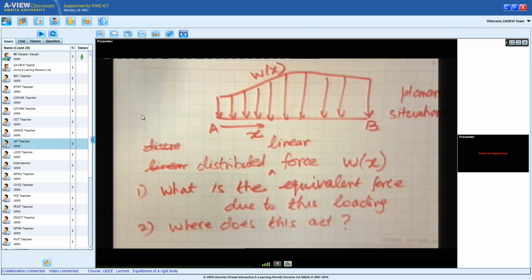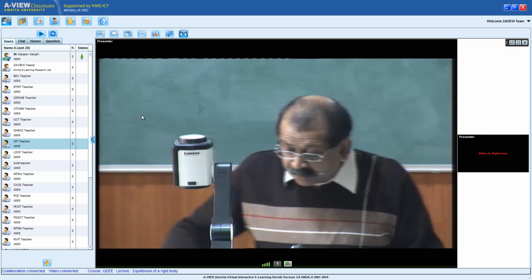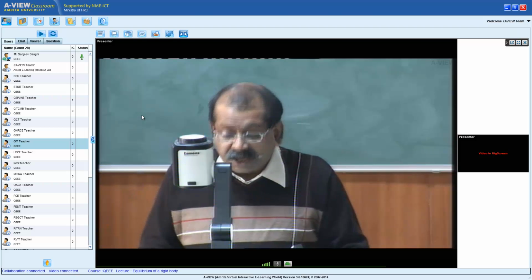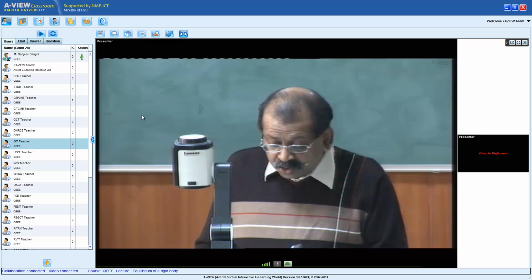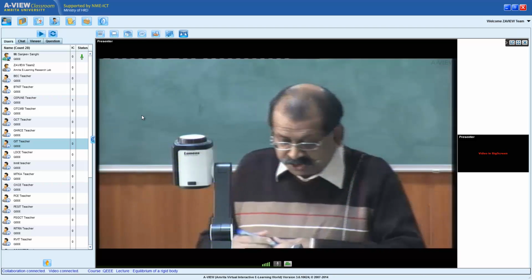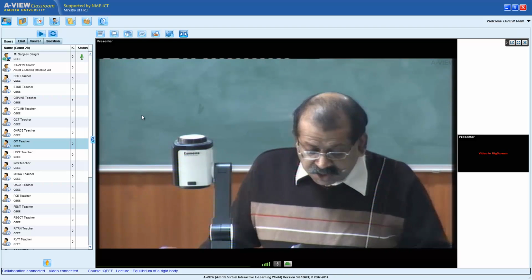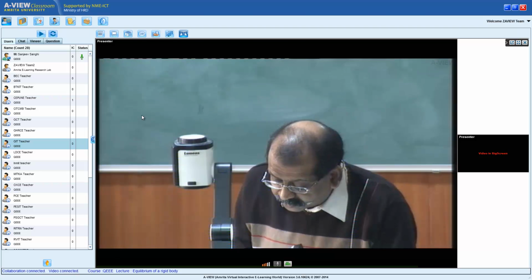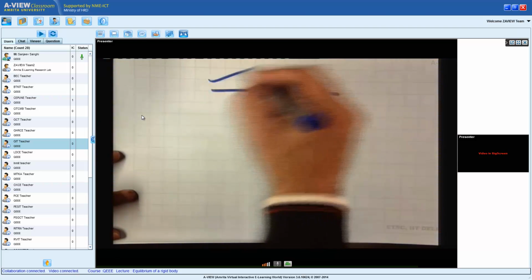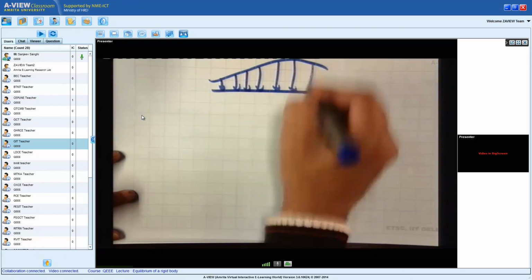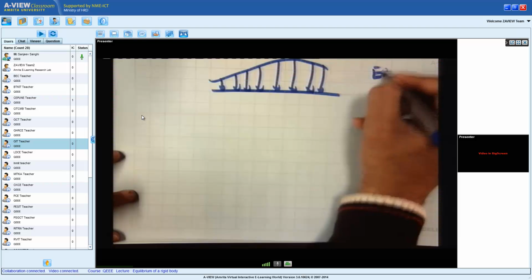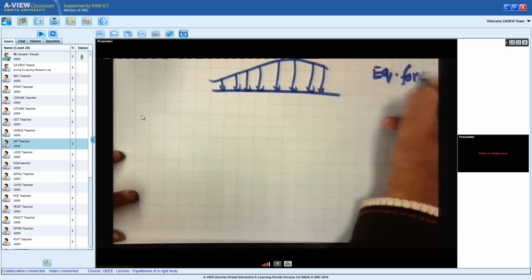These questions are needed because our equations of equilibrium will contain forces and moments. So let's try to answer this question: what is the equivalent force and where does this act? I'm just posing the questions.